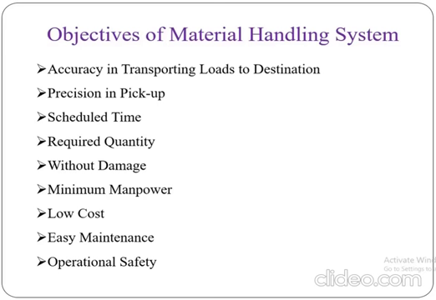Then operational safety. The material handling system should be safe in operation. It should have a sufficient number of built-in safety devices so as to ensure a safe working environment.